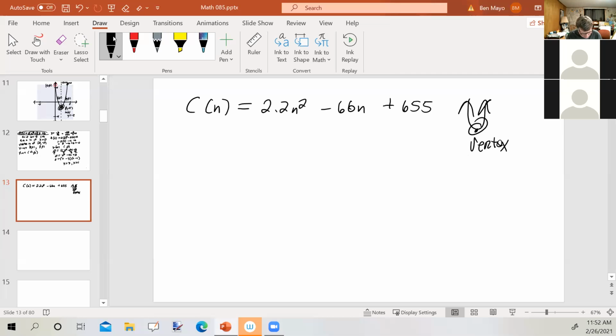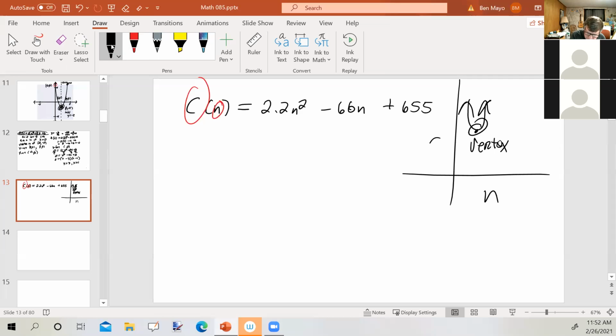Now, let me read it again. The cost C in dollars, so C represents cost, of operating a certain concrete cutting machine is related to the number of minutes. So N is the number of minutes, C is the cost. Think about this also. If we graph this thing, this is N and this is C. This is the number of minutes and this is the cost.